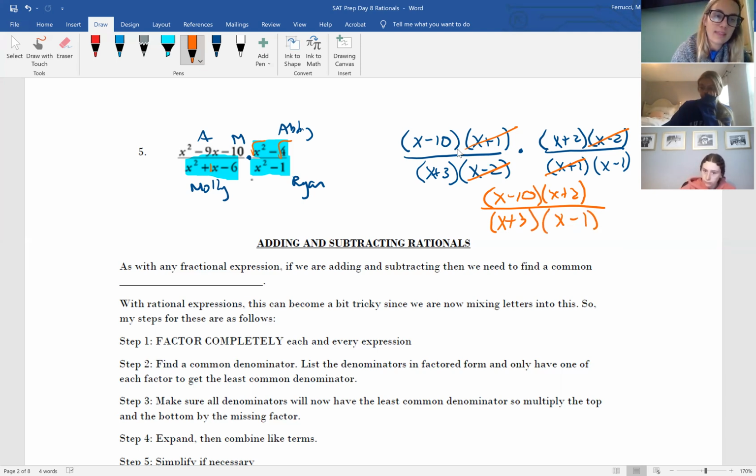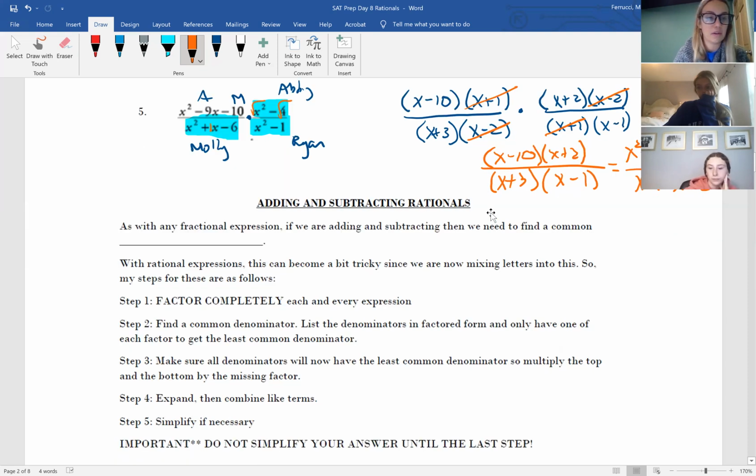Okay, so it could look like that, or they could have FOILed or multiplied them out, and they could have gotten x squared, let's see, plus minus 8x minus 20 all over x squared plus 2x minus 3. Either of those could have been an answer, because remember, this is going to be multiple choice.